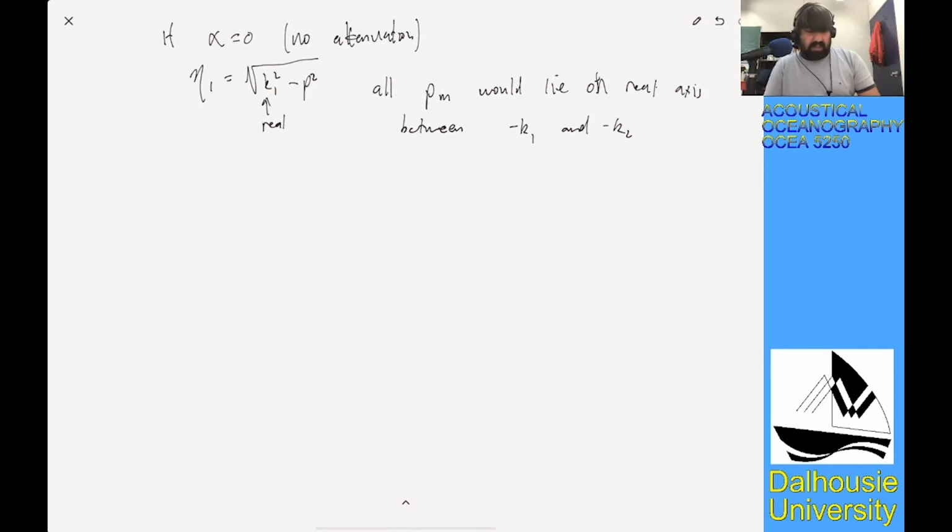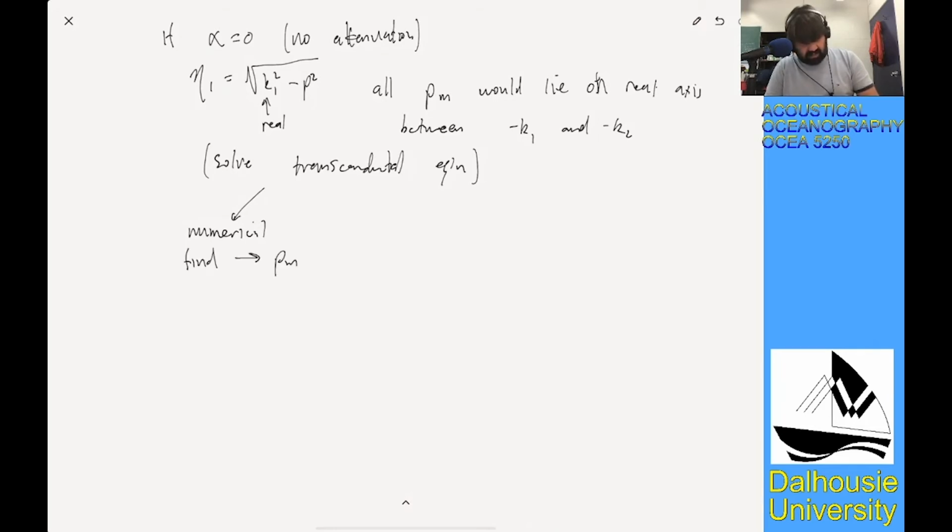But at this point, what do we do? We have this transcendental equation. We want to solve this. So we can obviously just do it numerically, and that would be find PM and M. But of course, let's see what insight we can get using an analytical approach.